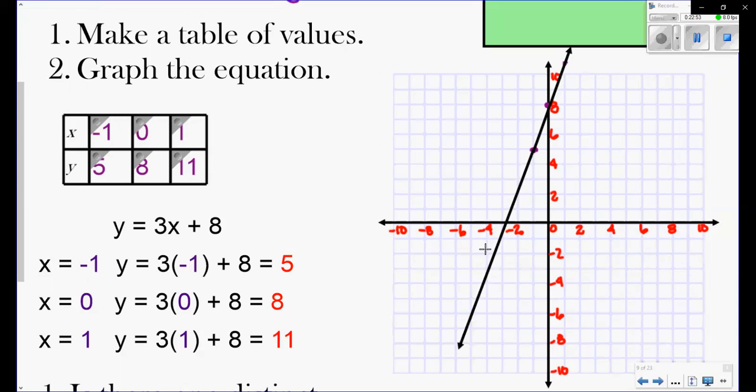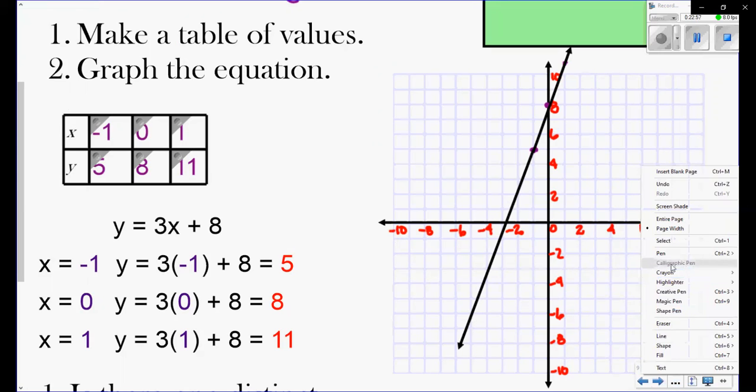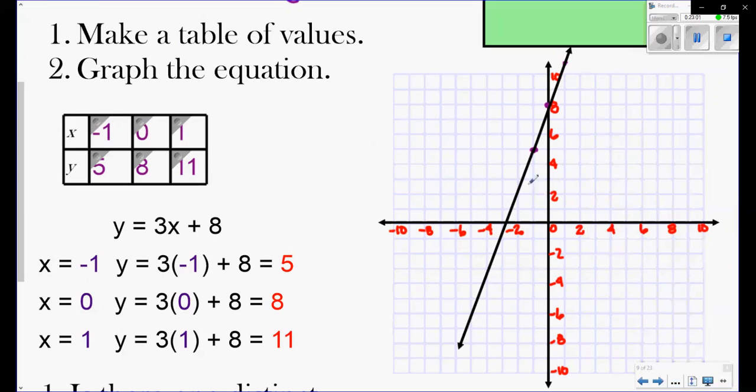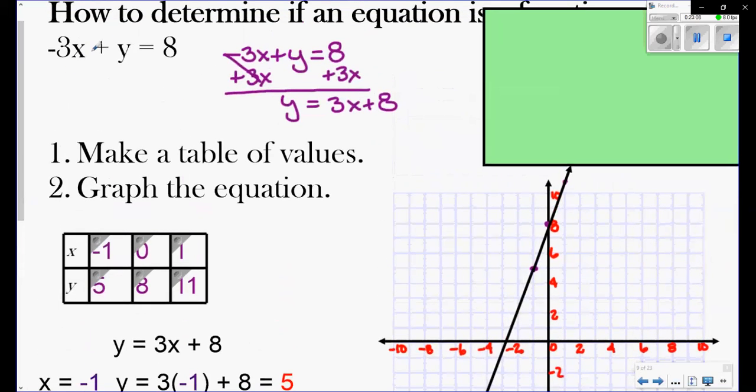Make sure you have your arrows going in both directions because that line is continuous. It's not going to stop. And of course, you need your label. When you label your lines, go with the original, so the original one was -3x plus y equals 8.